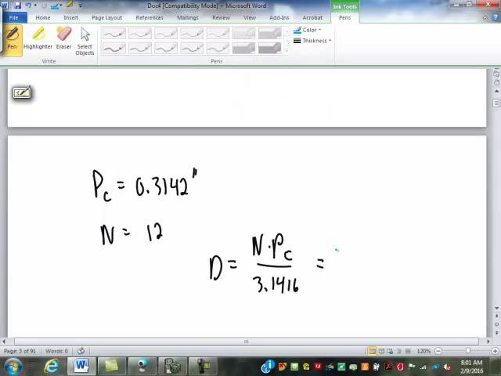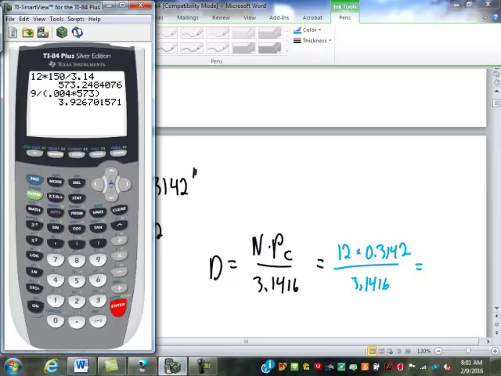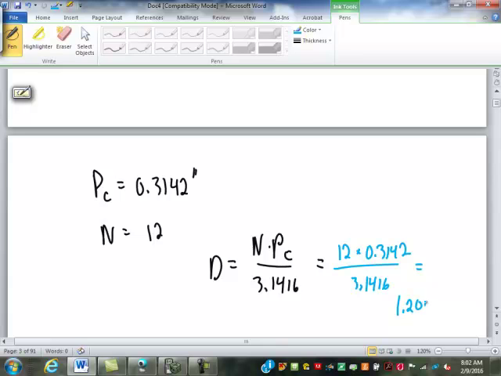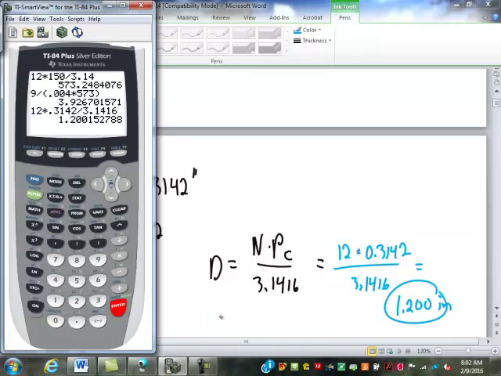So we're going to take 12 times 0.3142 divided by 3.1416. Giving us 1.200. So it's a 1.2 inch pitch diameter.